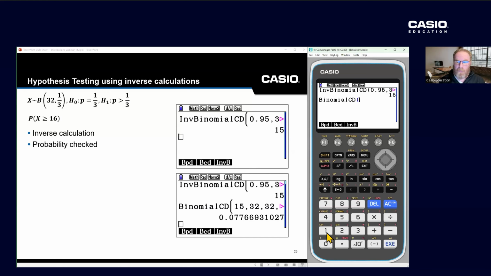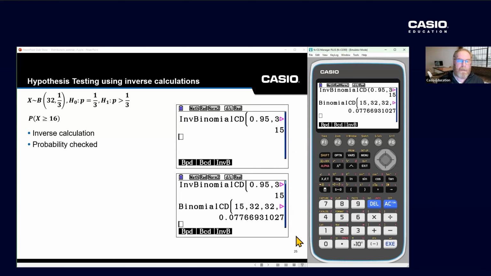So what's the probability between 15 and 32 in this case? Let's use n is 32, and a third there just to make it look neat. As you can see, that is 7.7%, which is bigger than 5%. So it's not in our critical region.